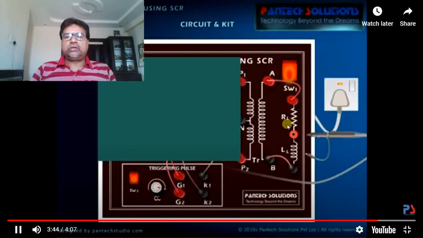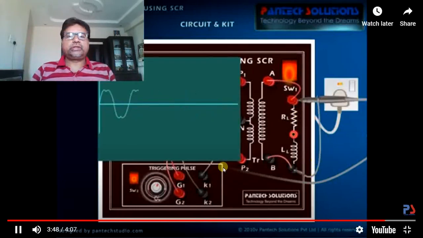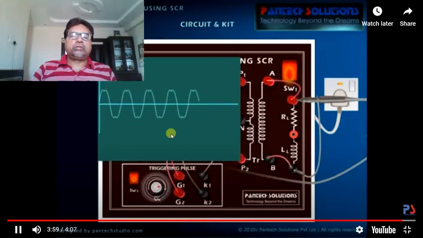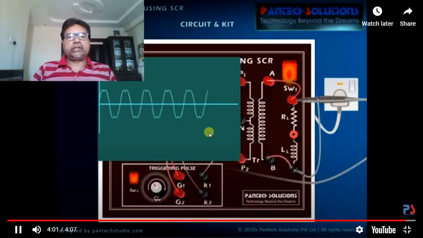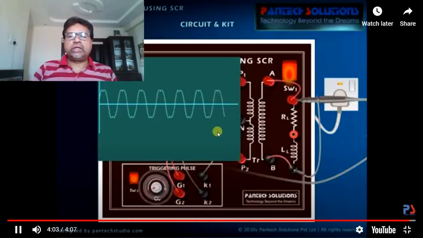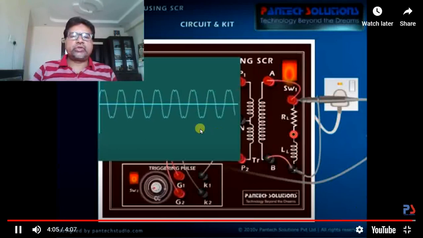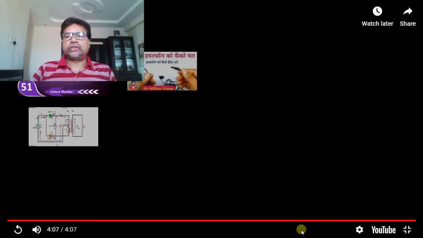And now the load voltage is being measured, which is a very good sinusoid. When you see it in the CRO, it appears like a sinusoid, but it is mainly a rectangular wave. By using proper filtering circuits, you can use that.